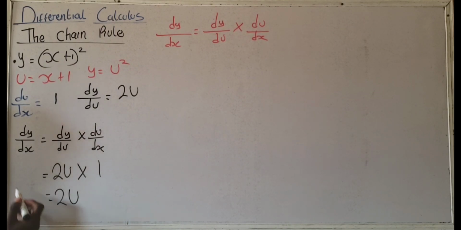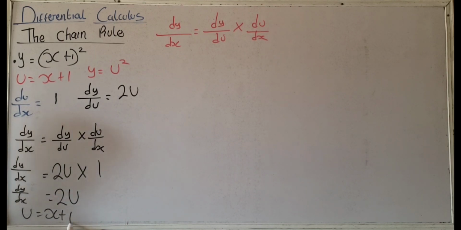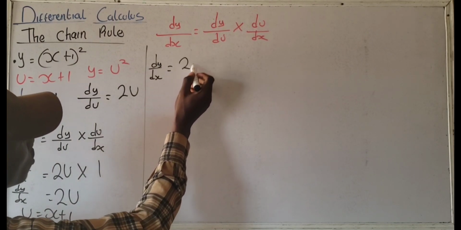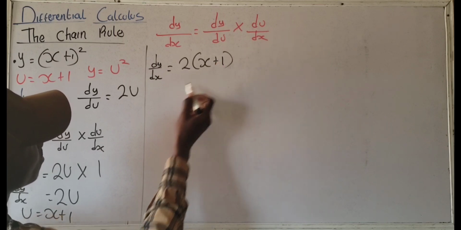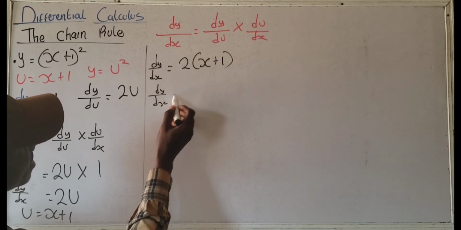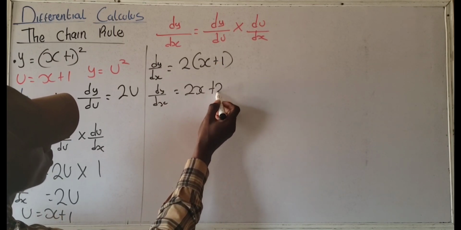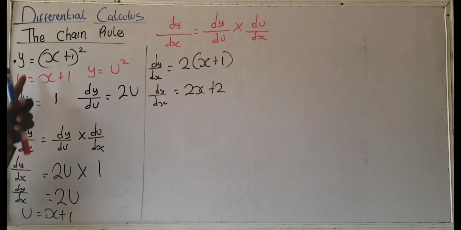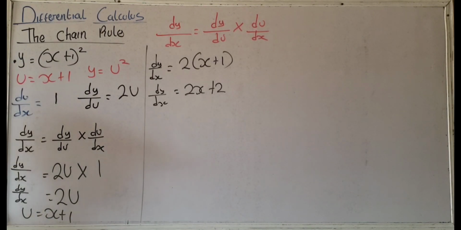Now, recall that, don't forget that u equals what? x plus 1. So, I'm going to replace u with x plus 1. So, dy over dx is equal to 2 into bracket x plus 1. dy over dx is equal to 2x plus 2, which is the solution to that differential, the derivative of y equals (x plus 1) squared.